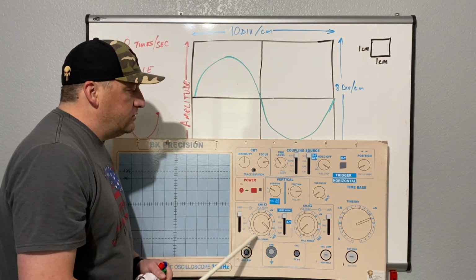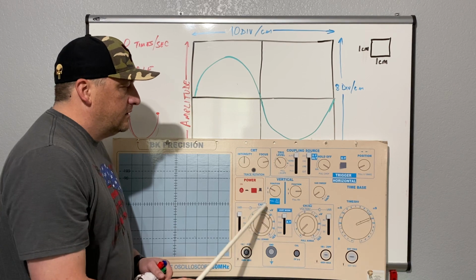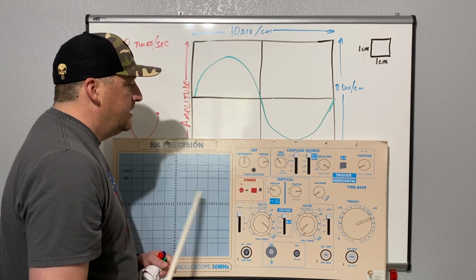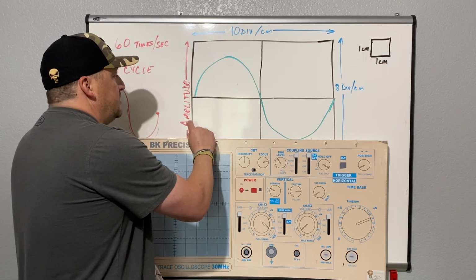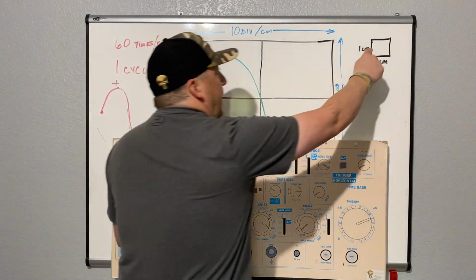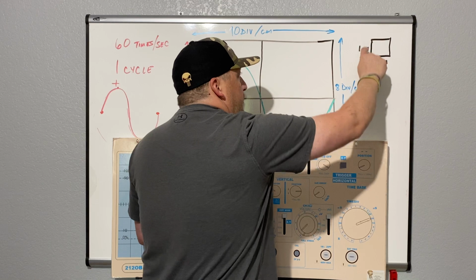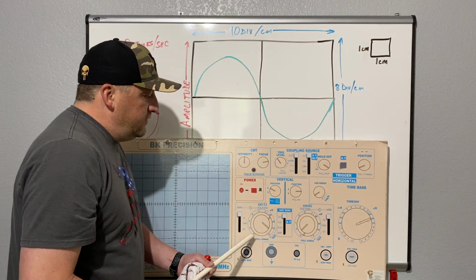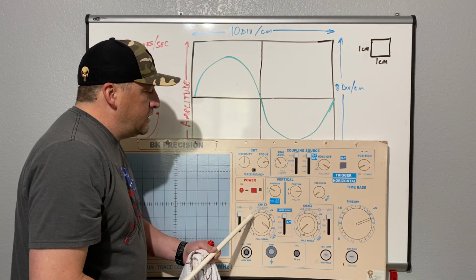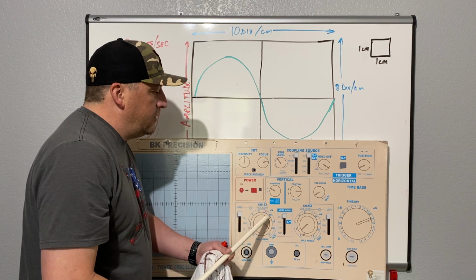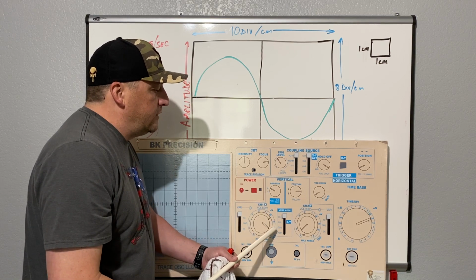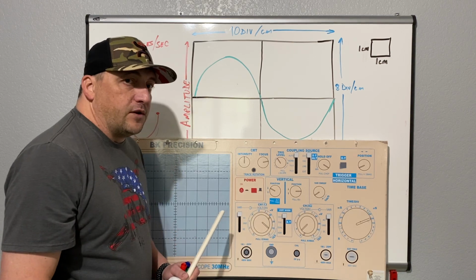Now, the volts per division portion here is going to adjust the value of each one of these squares vertically. You've got 5, 2, 1, 0.5, 0.2, 0.1, 50 millivolts, 20 millivolts, 10 millivolts, and 5 millivolts.